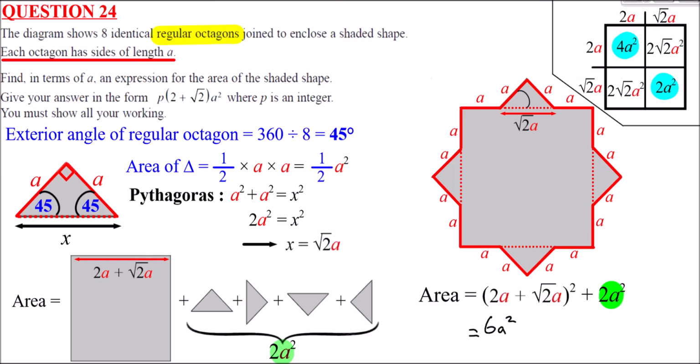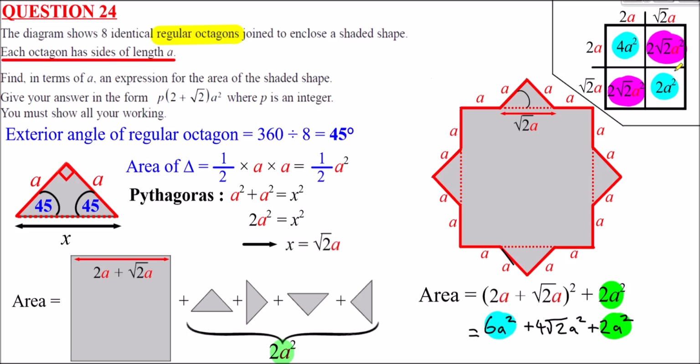These two bits together, I can join. So I've got here 2 root 2a squared plus another 2 root 2a squared, which gives 4 root 2a squared in total. And finally just that 2a squared at the end. So now I can group together all the different bits and pieces and simplify. So that was 2a squared. The 6a squared was from these two bits here.